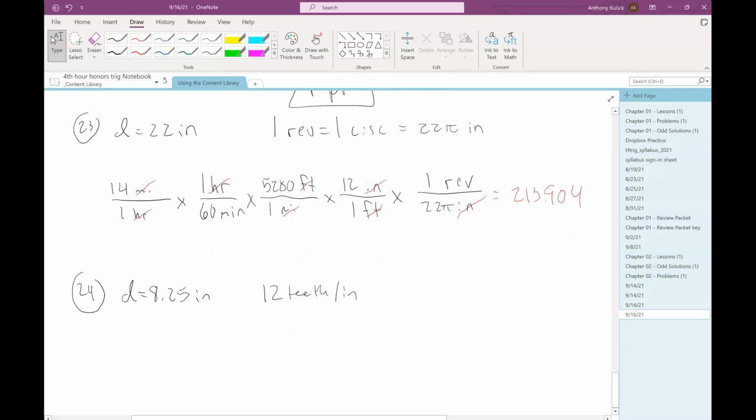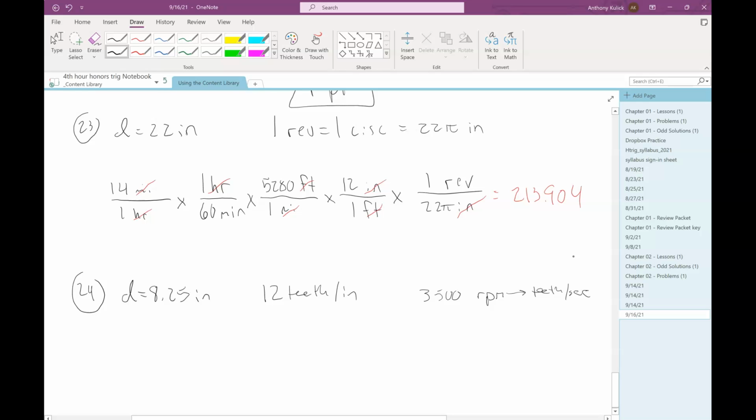And it says if it spins at 3,500 RPM, how many cutting teeth cross the surface each second? So basically, I want to take 3,500 RPMs and convert it into teeth per second.